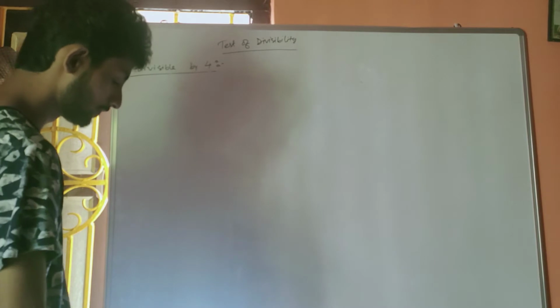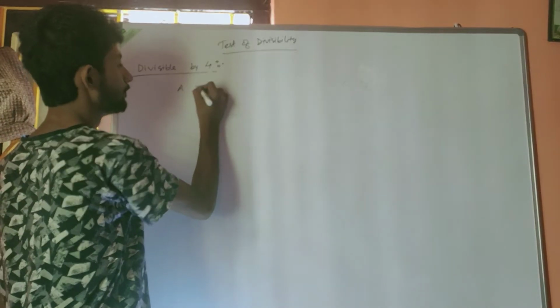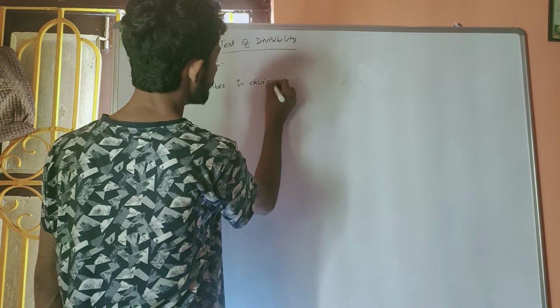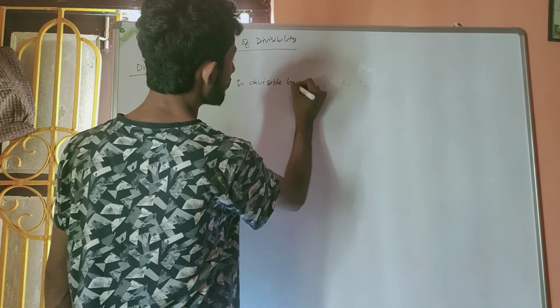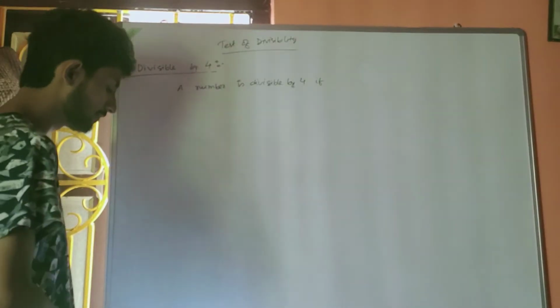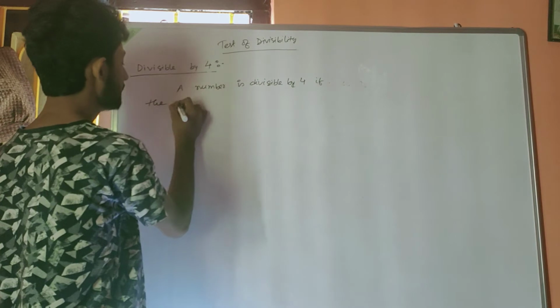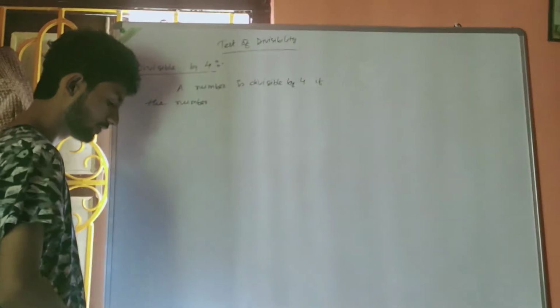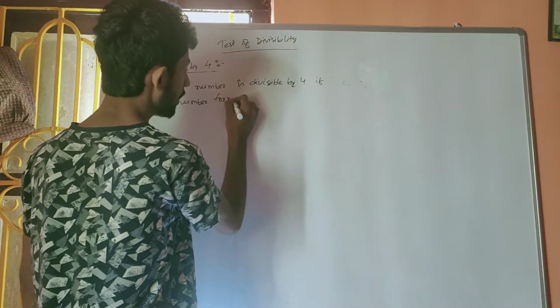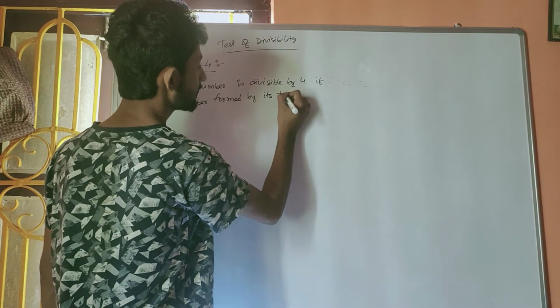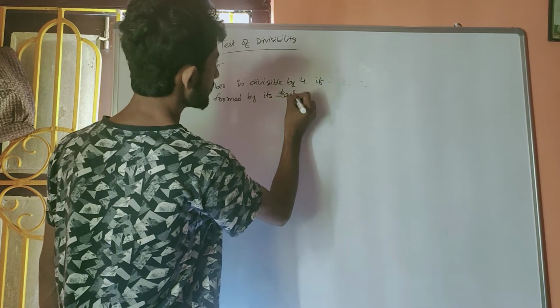Divisible by 4. A number is divisible by 4 if the number formed by its last two digits is divisible by 4.